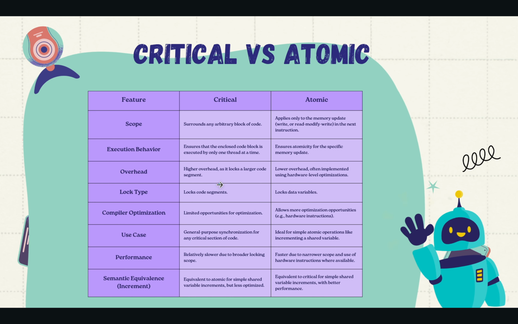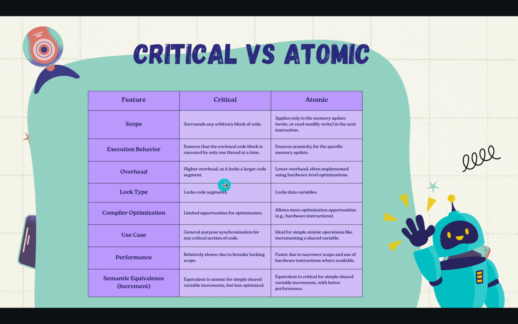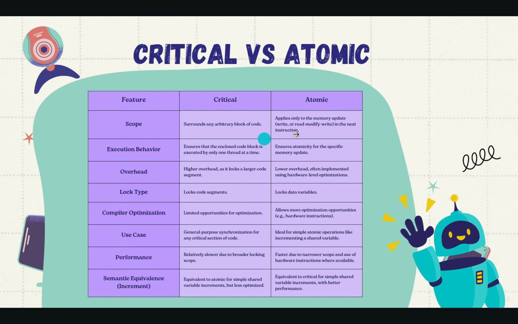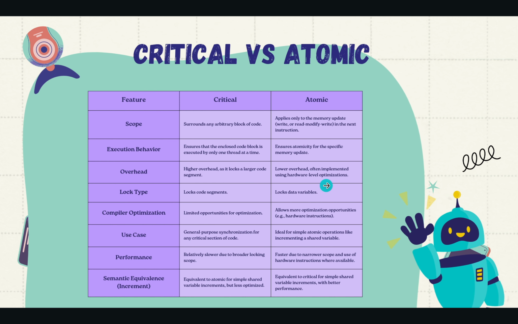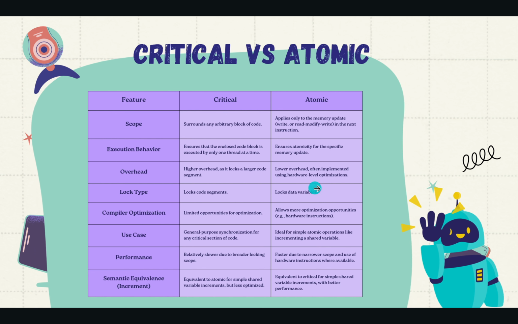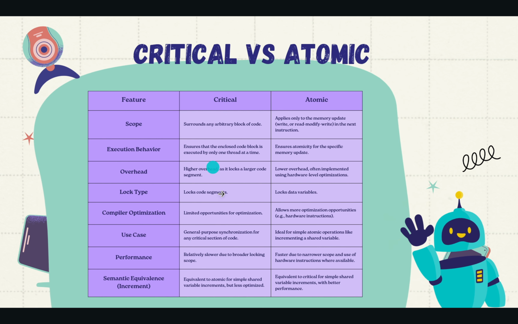Of course, critical has a higher overhead than atomic because it locks a larger code segment. The lock type for critical is a locked code segment, while atomic locks a data variable.